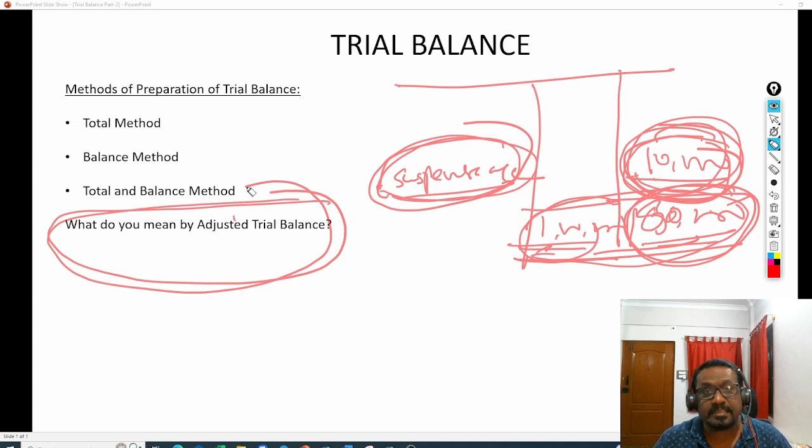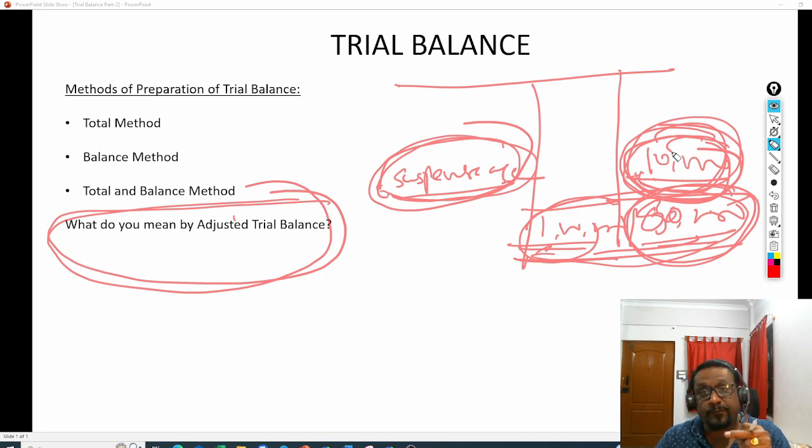Why am I calling it as adjusted trial balance? Because the difference has been adjusted by transferring to suspense account. Hence, the way the trial balance is prepared is called adjusted trial balance. And adjusted trial balance has the suspense account balance, and that suspense account balance has to be reconciled.